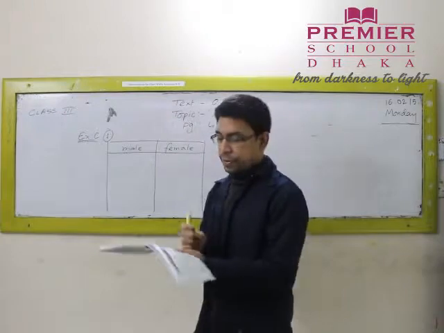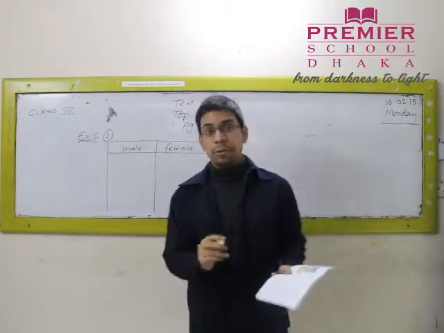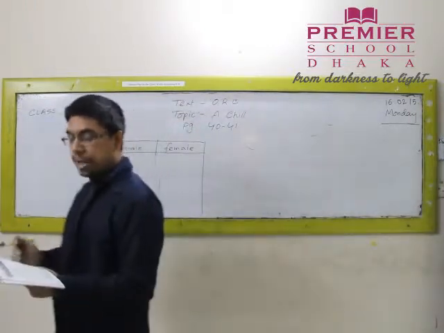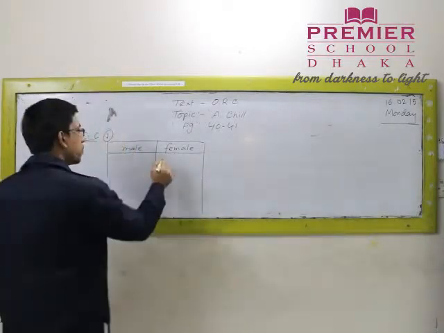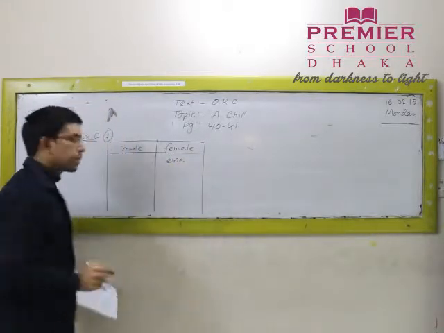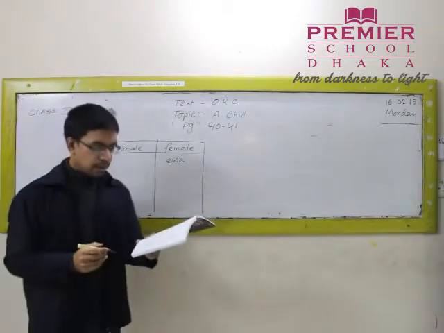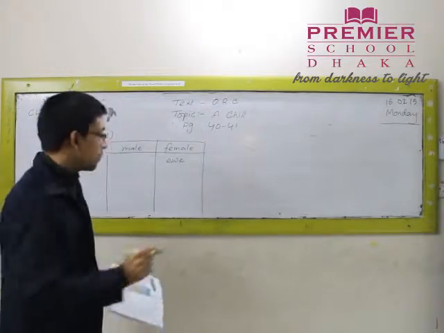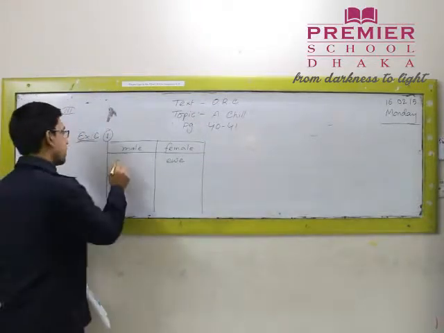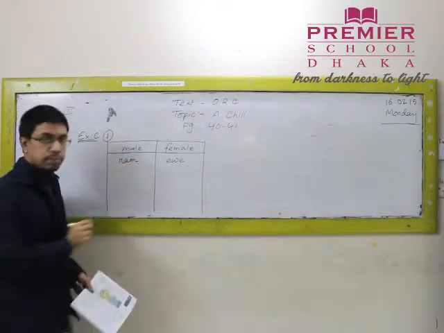I can help you with a few. Like the first one, ewe. We know ewe is the female version of a lamb or a sheep. So we will put down ewe here. There you go. The second, we can see ram going sideways. Ram is a male. So we put down ram here.